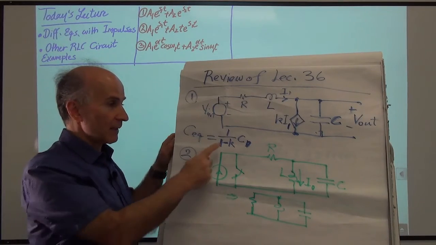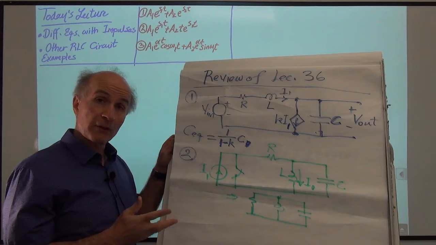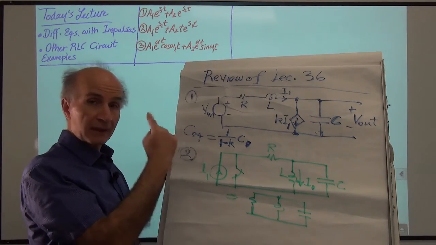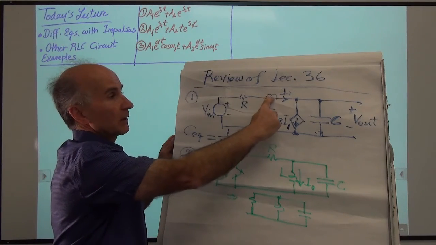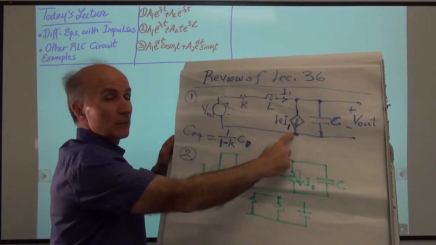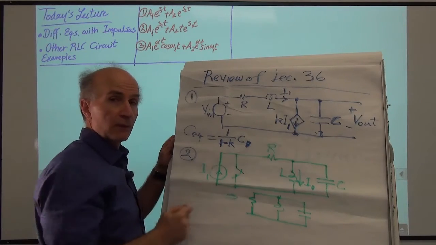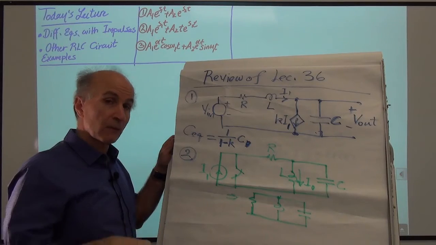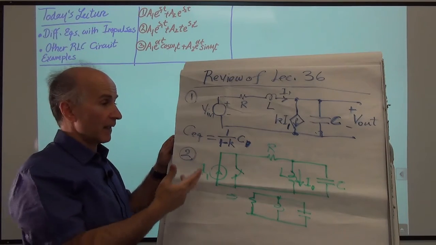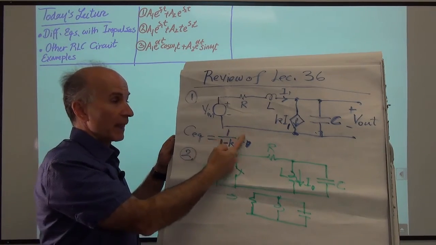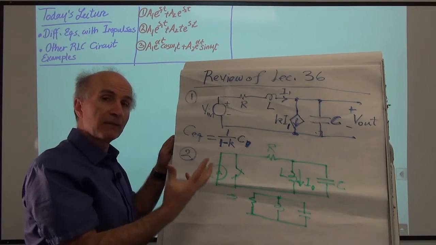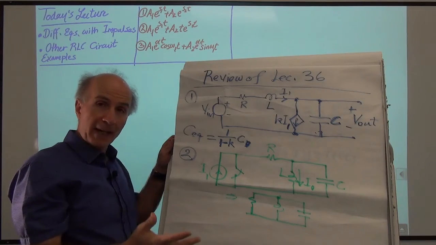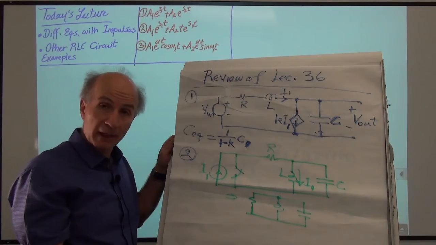For example, if K is equal to 1, some interesting and weird things happen here, right? We decided last time that because all of the current flows through the inductor and through this guy, no current can flow through the capacitor, so the capacitor voltage is always 0. From another perspective, we can say that with K equals 1, the equivalent or the apparent value of this whole structure looks like a capacitance that has an infinite value.